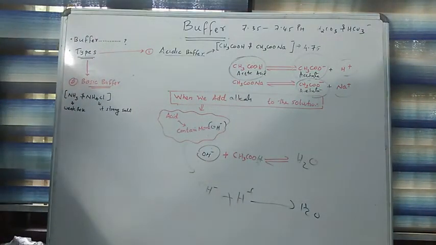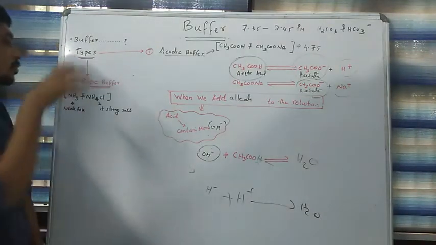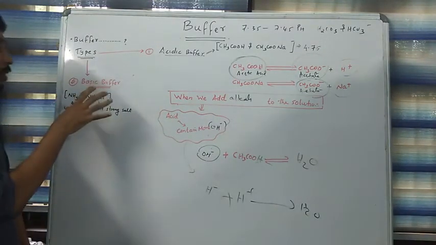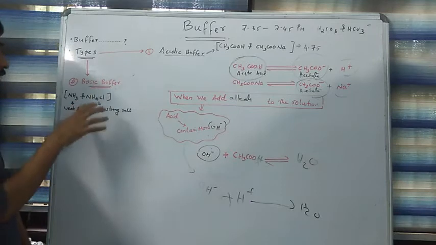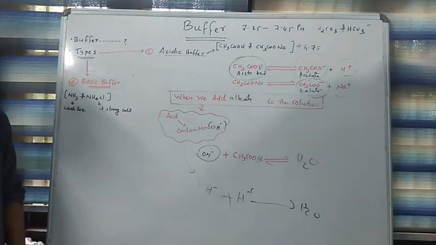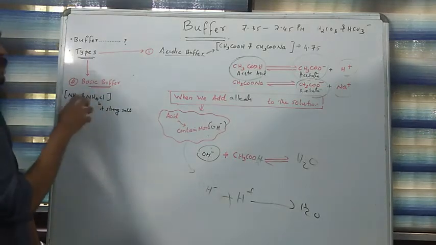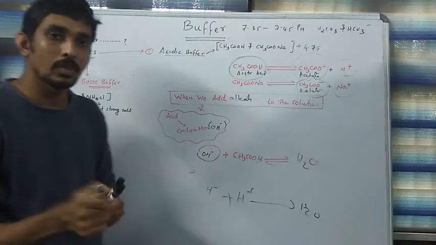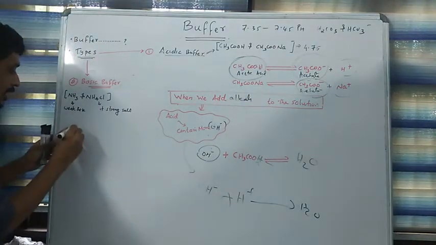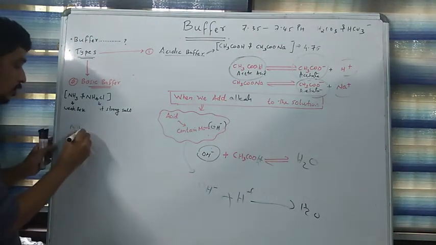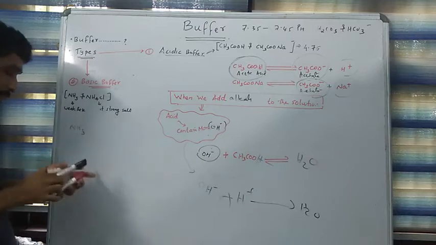Like that, when we take the case of a basic buffer, a basic buffer is a buffer solution which contains a weak base, here NH3, and one of its salts, NH4Cl. Here NH3 is a weak base.